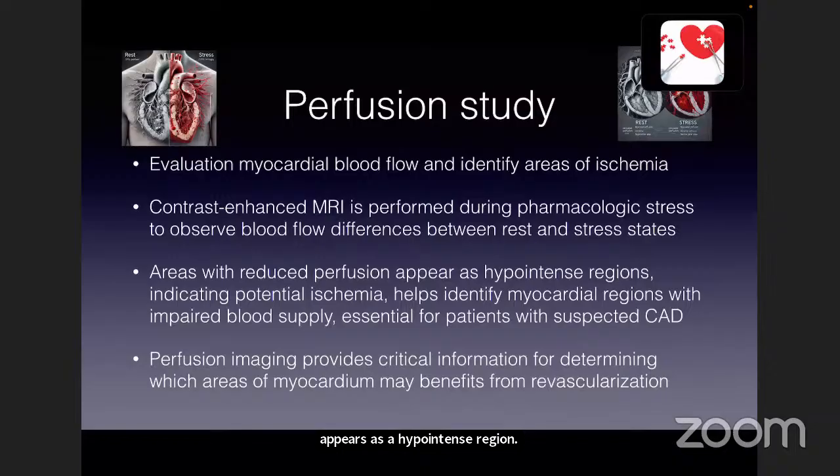It helps identify myocardial regions with impaired blood supply, essential for patients with suspected coronary artery disease. Perfusion imaging provides critical information to determine which areas of myocardium may benefit from revascularization.